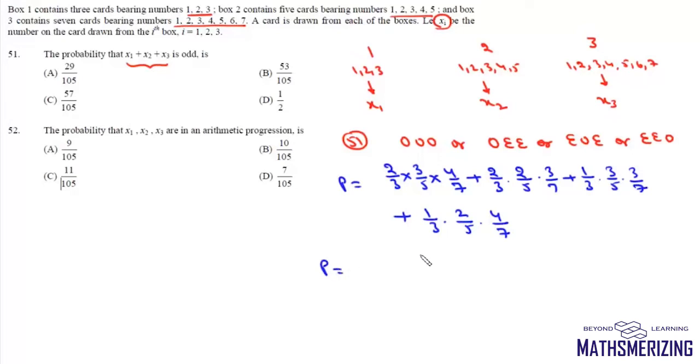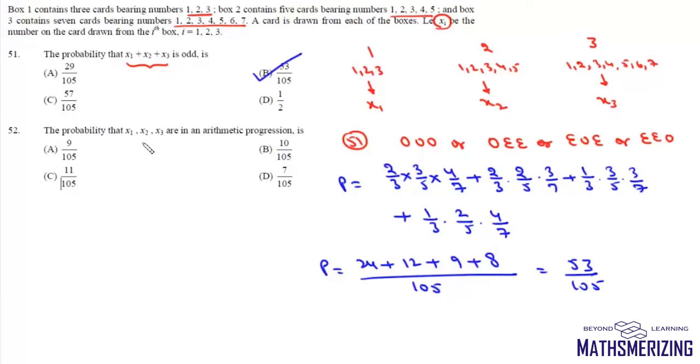Now this probability will be 24 plus 12 plus 9 plus 8 divided by 105. Now this is 20, 44, 44 plus 9 is 53. So this probability will be 53 upon 105, and that's your option B.